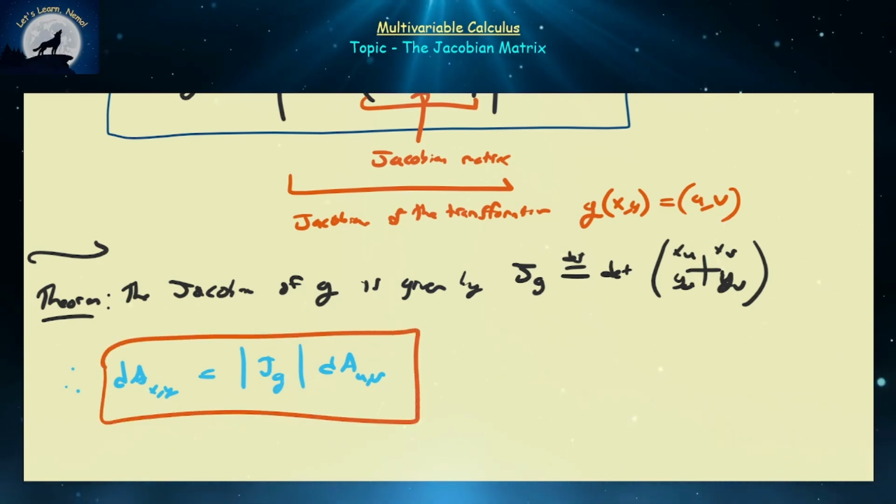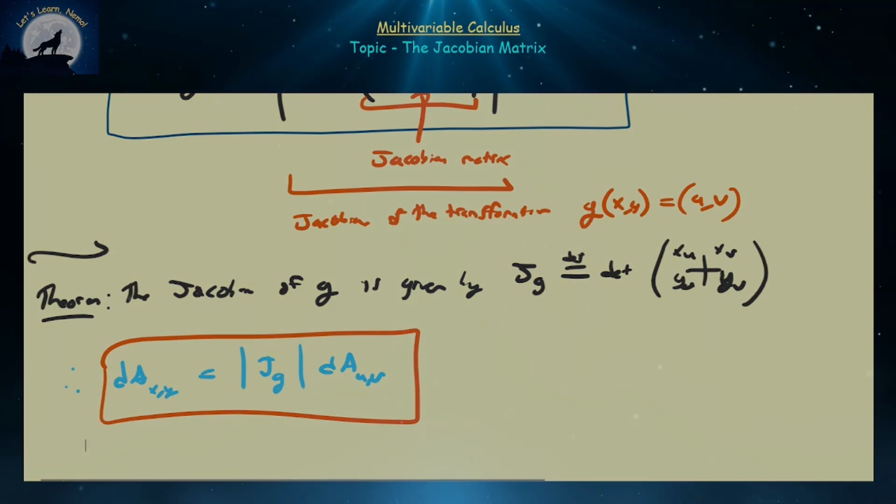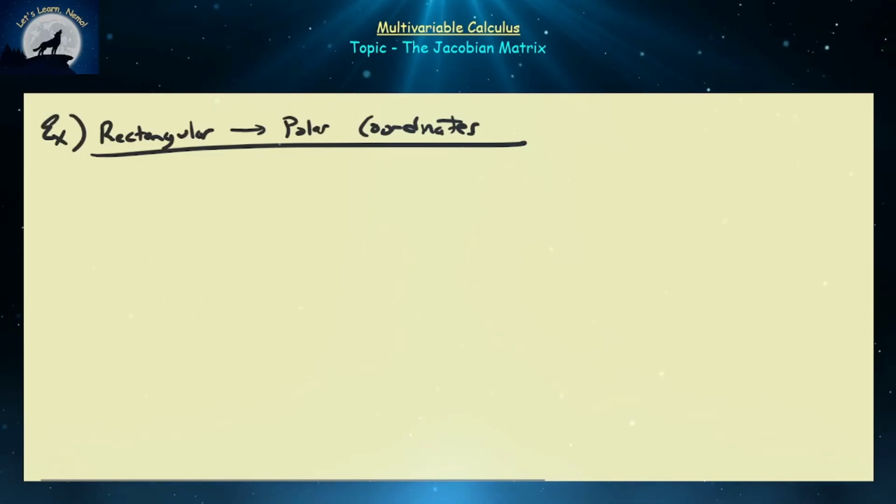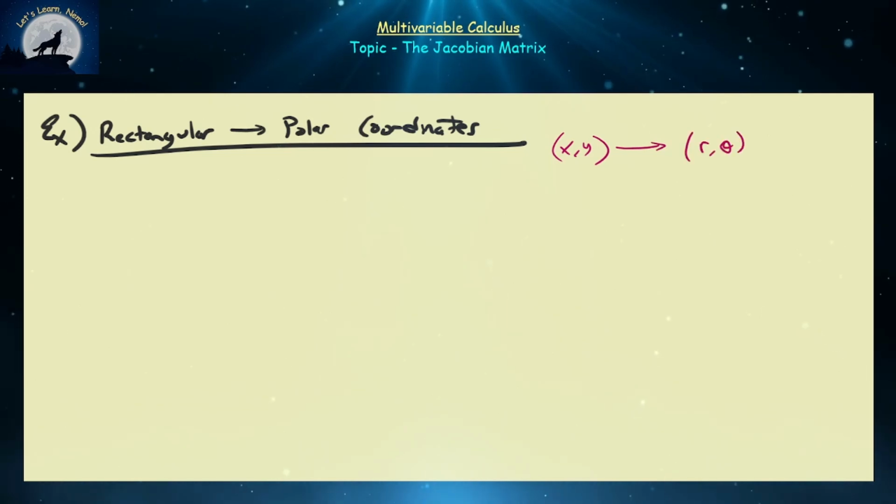Now that we have the general structure in theory form, let's do a practical example just to make sure you understand what we're doing here. Probably one of the most famous transformations of coordinate systems in two-dimensional calculus is polar coordinates. That is, we seek to transform xy, rectangular, which some people also call Cartesian, into the r theta world.